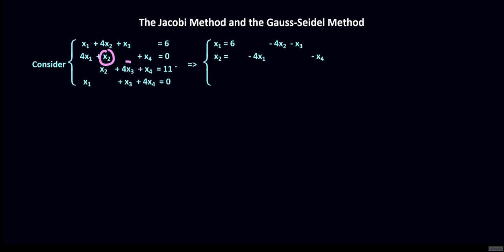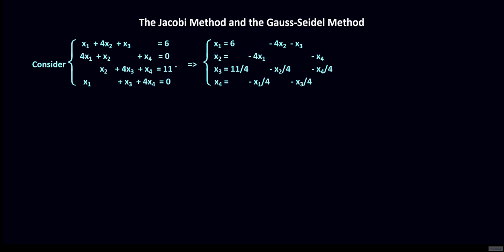We can solve for x3 in the third equation to get x3 equals 11 over 4 minus x2 over 4 minus x4 divided by 4. And we solve for x4 in the fourth equation to get x4 equals minus x1 divided by 4 minus x3 divided by 4. We end up with an equivalent system of equations where each variable has an equation expressing it in terms of the other variables. We can treat this equivalent system of equations like a recursion for the two methods.